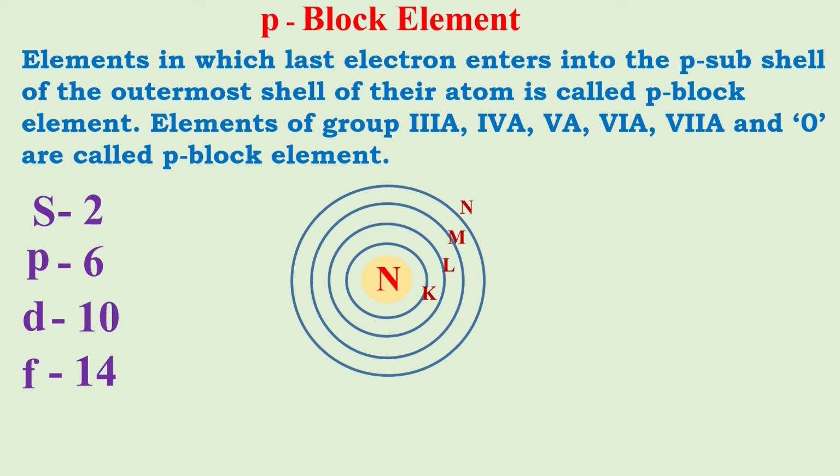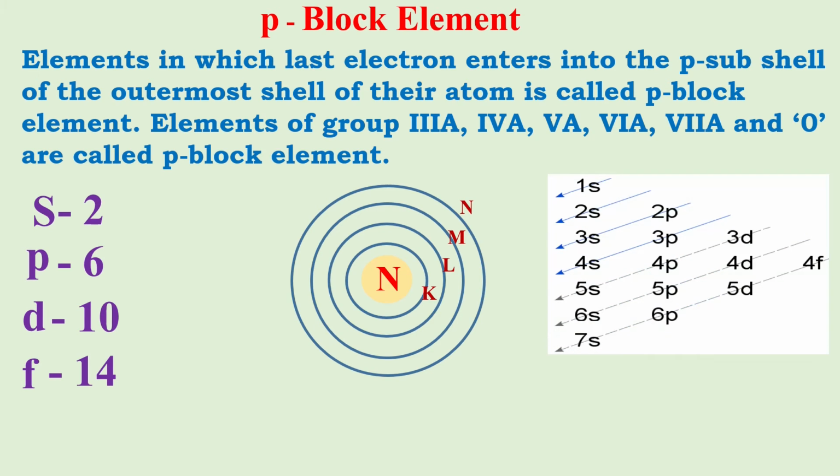How do we fill the electrons in the subcells of different cells? Following the Aufbau principle, which gives the idea of filling electrons in different subcells. First, we fill the first cell s subcell, then the second cell s subcell, then the second cell p subcell, and then the third cell s subcell. This is the order of filling electrons in different subcells of different cells.